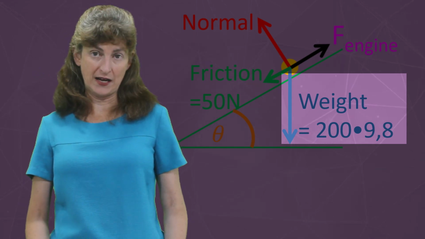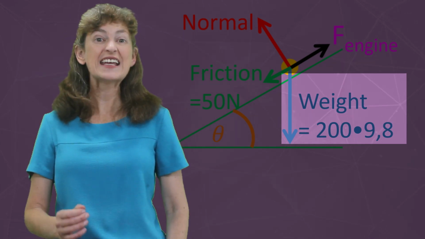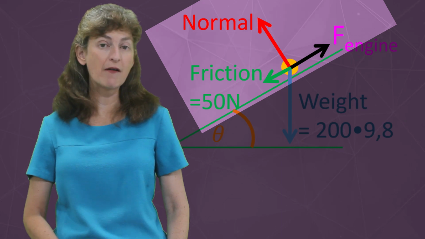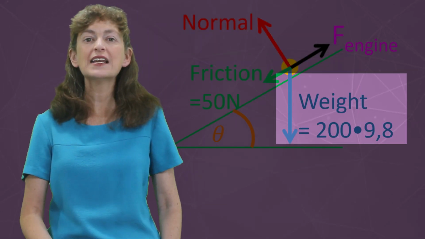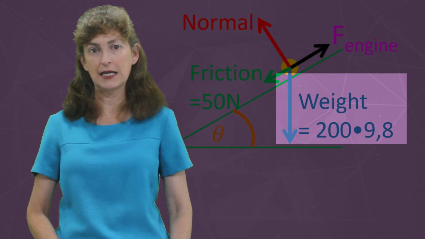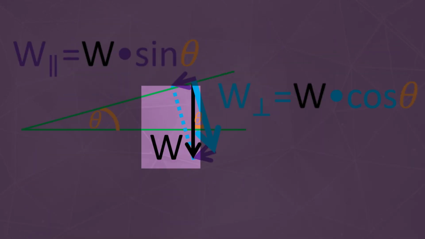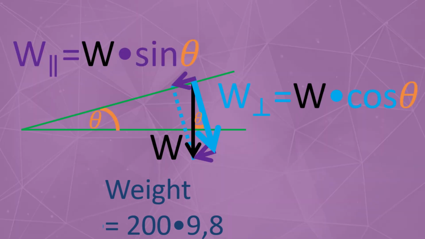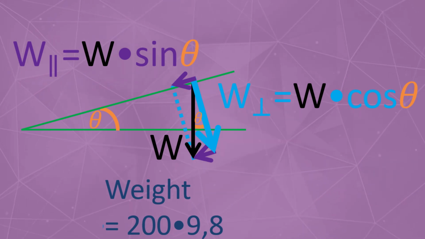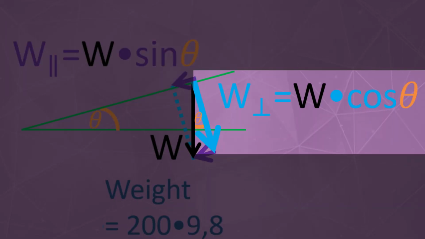There's only one vector, the weight of the car, which isn't already acting either parallel or perpendicular to the slope. So we actually only need to resolve it into its components. So here we have the weight of the car, 200 times 9.8 newtons vertically downward, resolved into its components parallel and perpendicular to the slope.